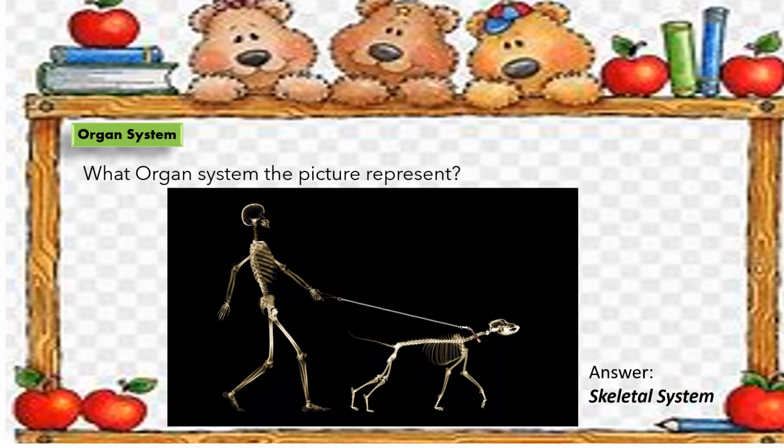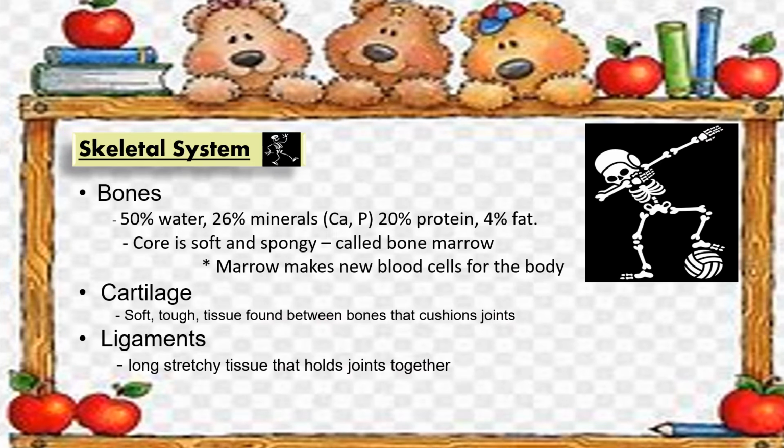Okay. So, what organ system does this picture represent? Okay. So, this is the skeletal system. The skeletal system comprises bones, cartilage, and the ligaments. Okay.